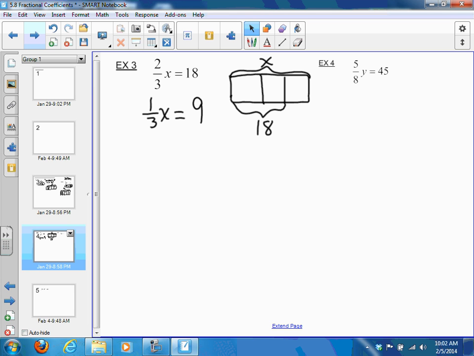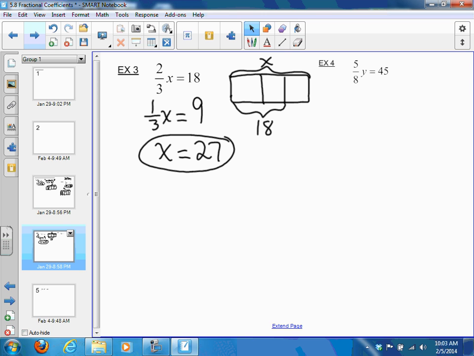So if 1/3 of x is 9, now I can know what all of x is. Okay, I could say 3/3, but what's 3 over 3, kids? 1. So I really don't need that. Okay, all of x equals what, Madison? 27. Okay, 3 lines. I've got my equation here. I've got my pit stop at 1/3, and then I've got my answer. X equals 27.